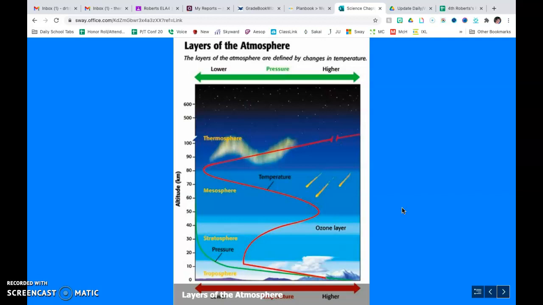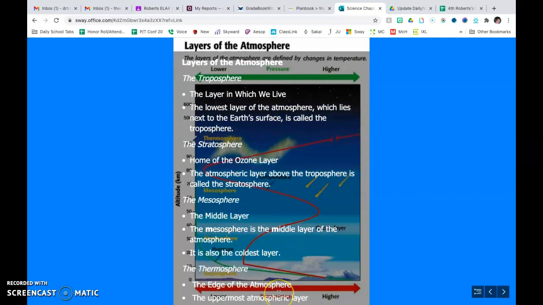So, this is what I mean by going back and listening to the song, because it will help you learn these layers. So the closest is the troposphere, then the stratosphere, the mesosphere, and the thermosphere. The thermosphere is divided into the ionosphere and exosphere, and that's not listed on here, yet is another reason why you need to go back and listen to the song.